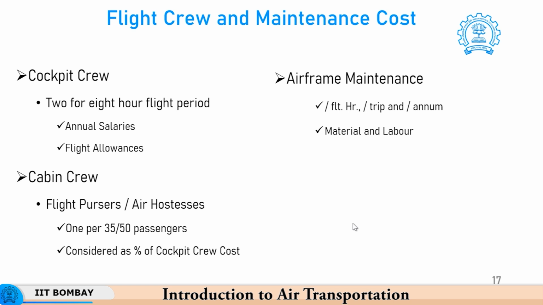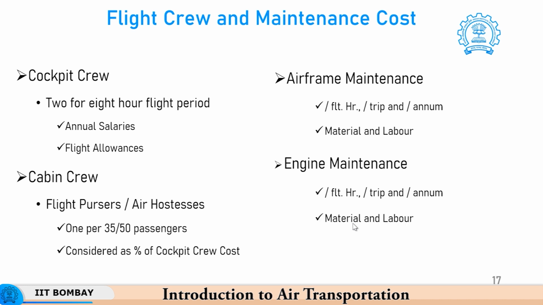So, therefore, there will be some material cost and there will be also a cost towards the labor to actually do this particular task. As regards the engine, again you estimate the cost in terms of per flight hour or per trip or per annum. Here again you have the cost towards material and labor.